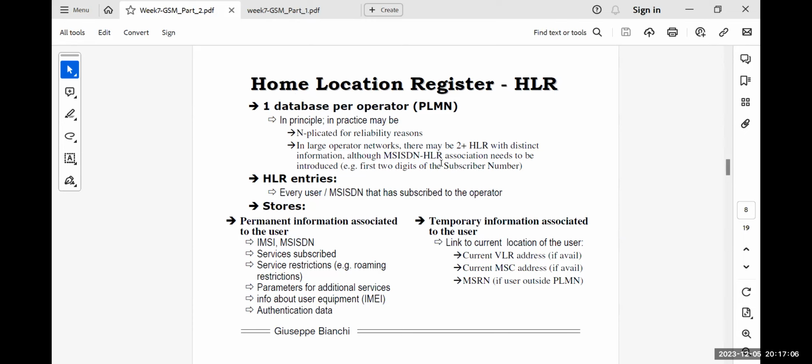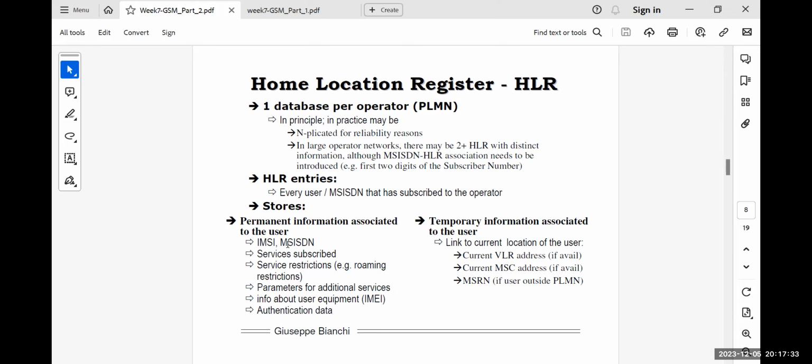Although the MSISDN and HLR association needs to be introduced, HLR entries, every user MSISDN that is a subscriber to the operator, or you can say your mobile phone, is basically enlisted in some HLR, right? So all users of a network are basically entered in this home location register. So what it stores is all kinds of permanent information that is associated with you.